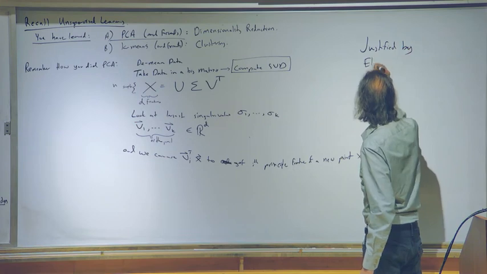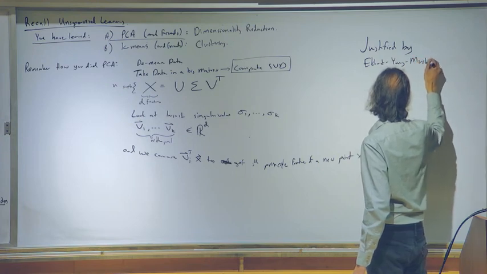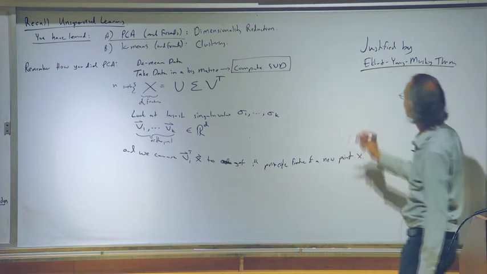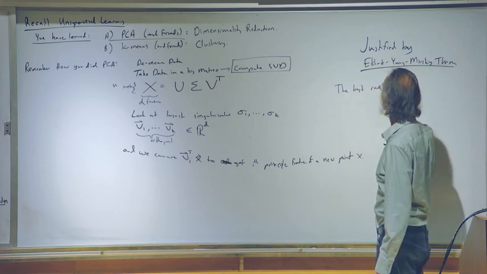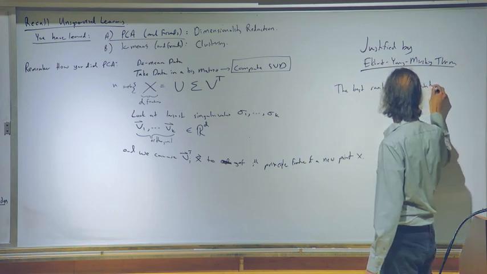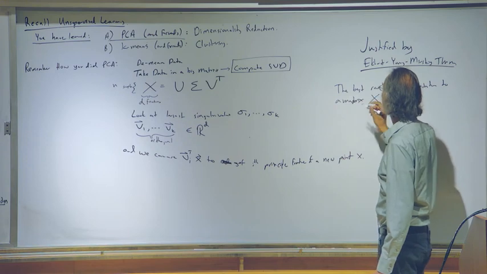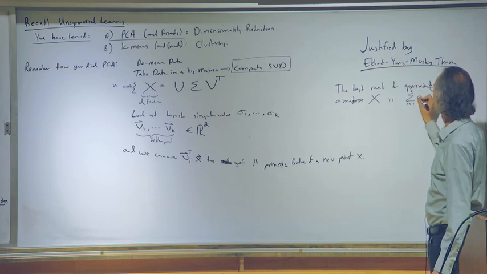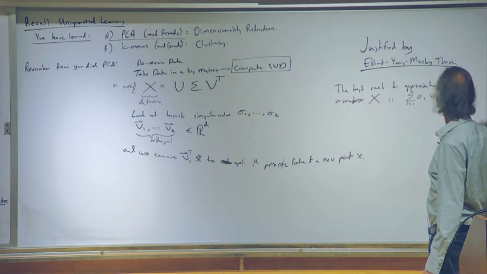by the Eckart-Young-Mirsky theorem, which said that the best rank K approximation to a matrix X is the sum from i equals 1 to K of sigma_i u_i v_i transpose.